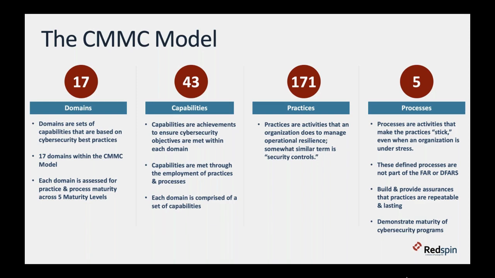There are 17 of these security-related domains within the CMMC model. If you're familiar with NIST SP 800-53 and NIST 800-171, then you're already familiar with these domains, such as access control, audit and accountability, incident response, personnel security, and I can go on for the other 14 if you like, but I won't.